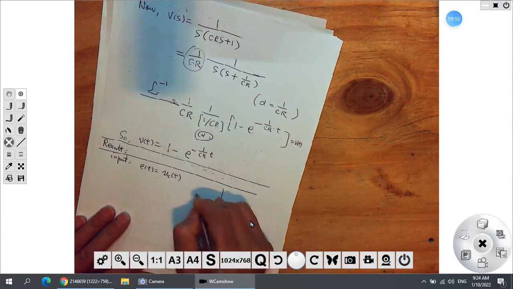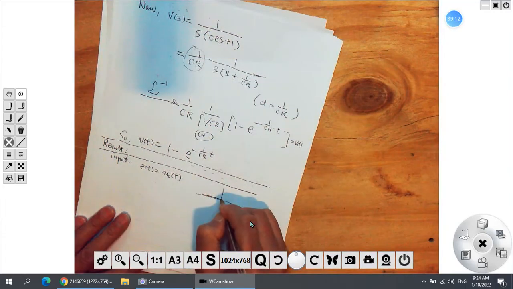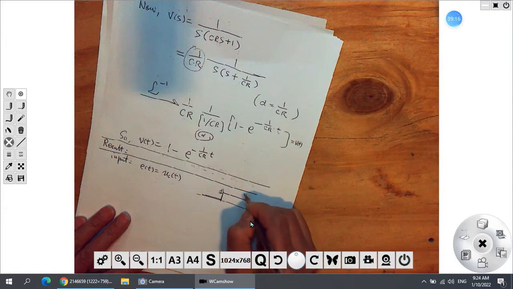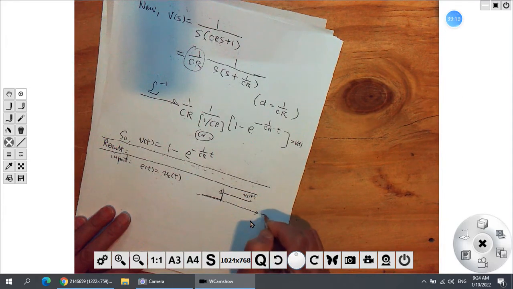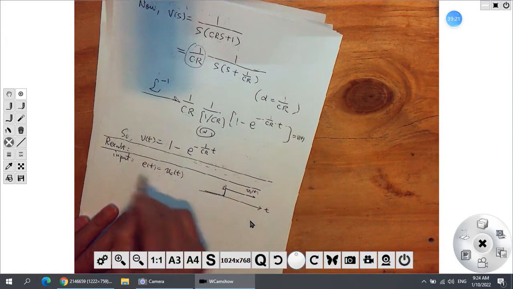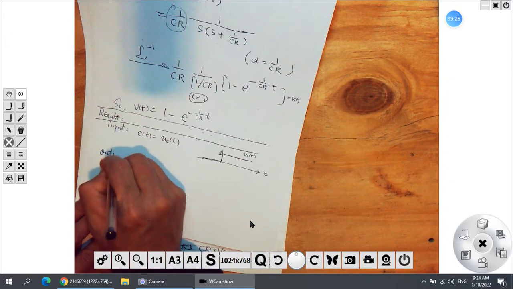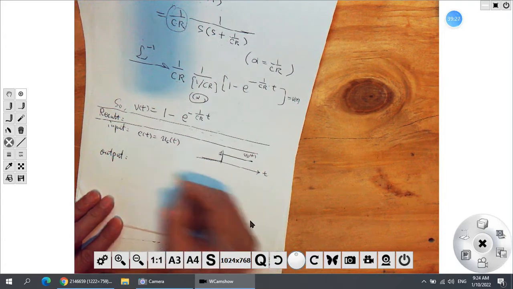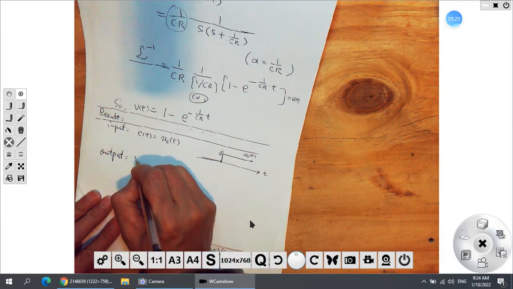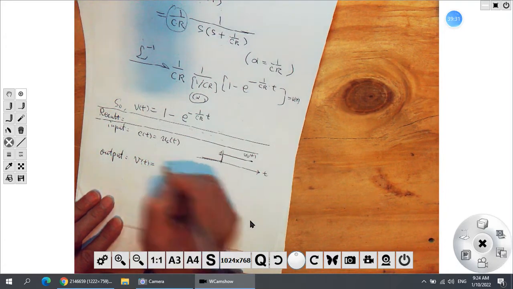It looks like 0, then 1. Here's a 1. This is u of t. Here's t. This is the input. And output, we have V of t.